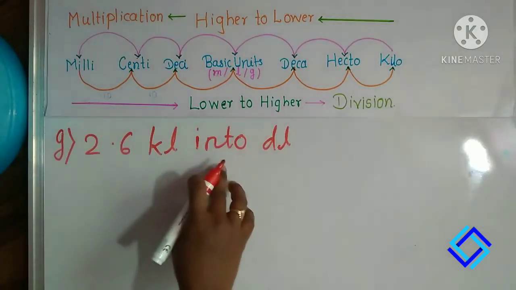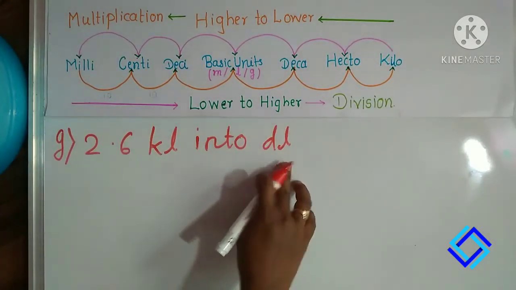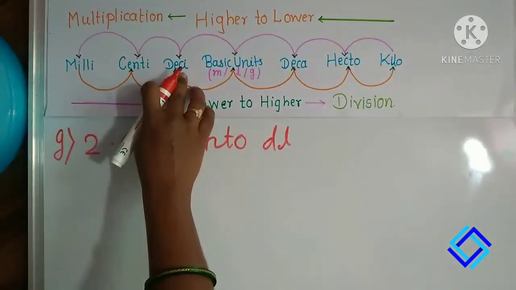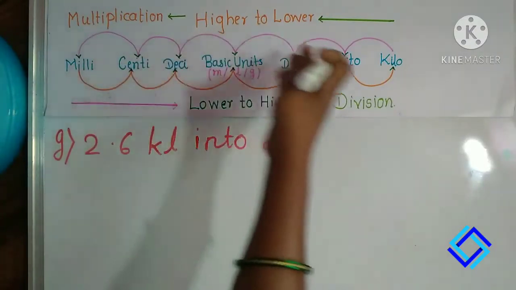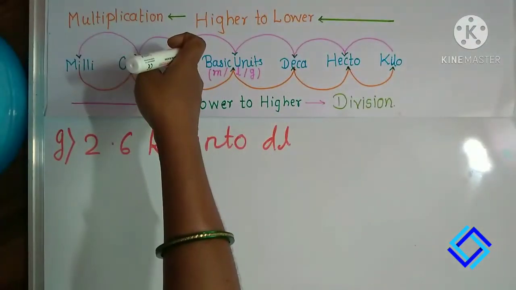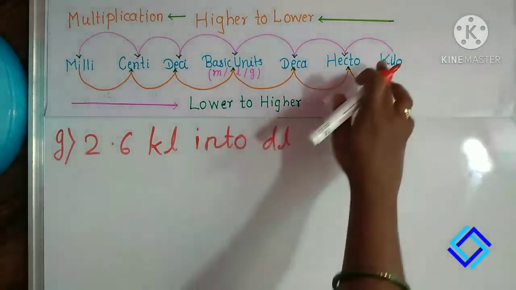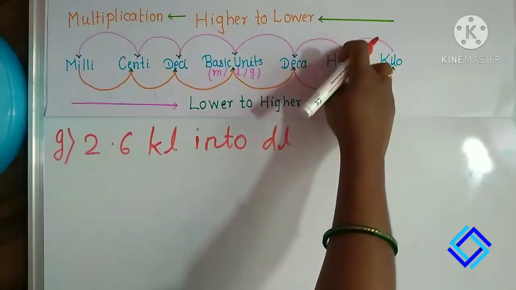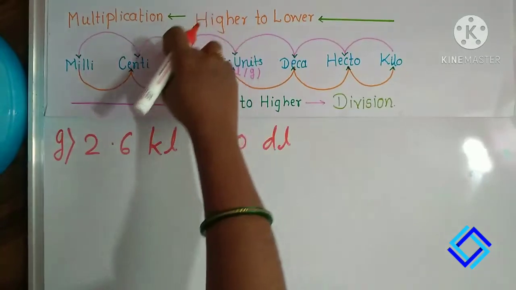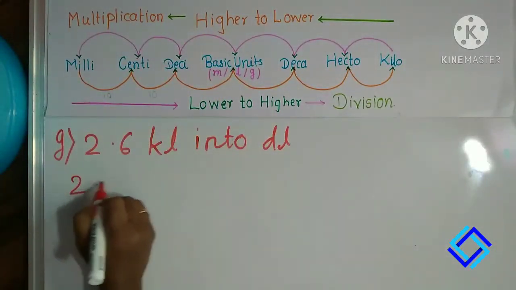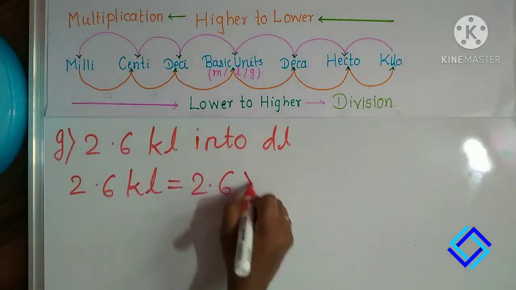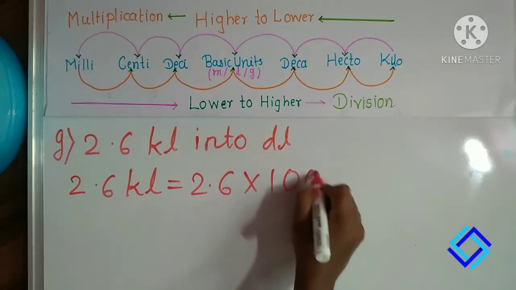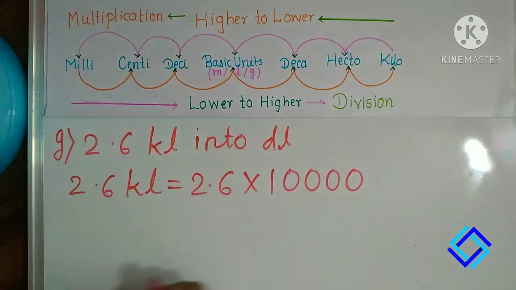2.6 kiloliter into deciliter. Kiloliter to deciliter. We have to convert from higher unit to lower unit. So we have to multiply. We have to multiply by which number? See here, from kiloliter to deciliter, there are 1, 2, 3 and 4 steps. So we have to multiply by 10,000. So 2.6 multiplied by 10,000.